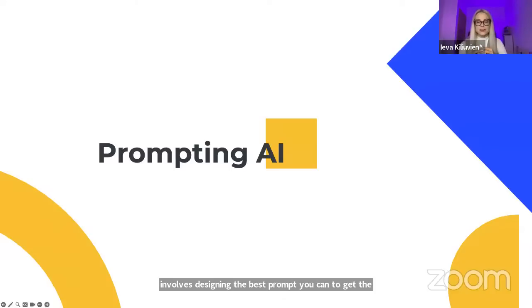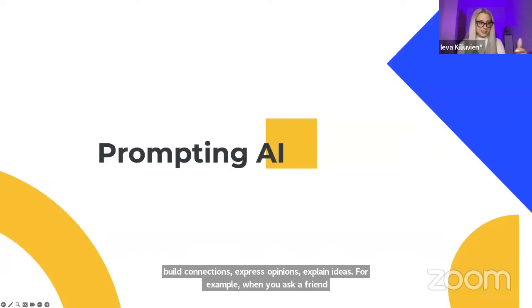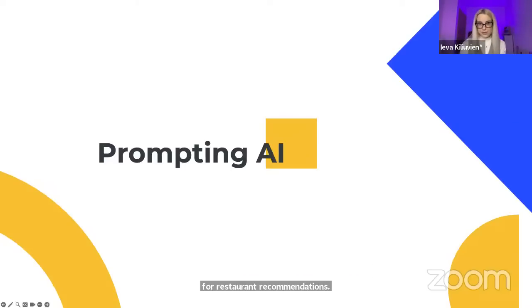Think about how you use language in your daily life. So language is used for so many purposes, yeah? To build connections, express opinions, explain ideas. For example, when you ask a friend for restaurant recommendations, you might say, I want a cozy place with a good pasta, rather than just where should I eat?